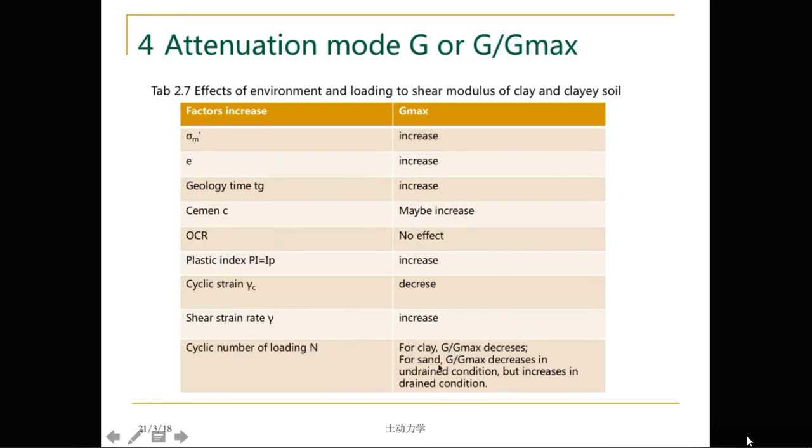And for sand, it will cause this ratio to decrease in undrained condition, but increase in drained condition. Sand in undrained condition is similar to clay, but in drained condition, it's totally different.